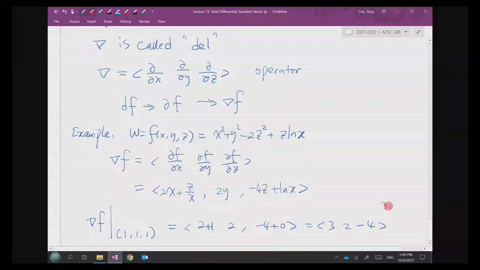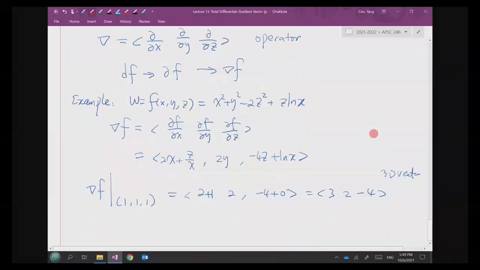Okay. So this is a 3D vector. Now, oftentimes it's hard to draw in 3D, not as easy as drawing a 2D vector, but you have to think of this as a vector in 3D space attached to the point 1, 1, 1.